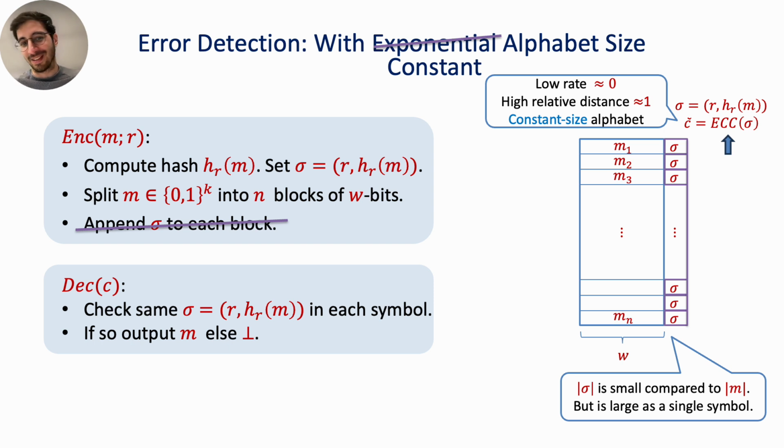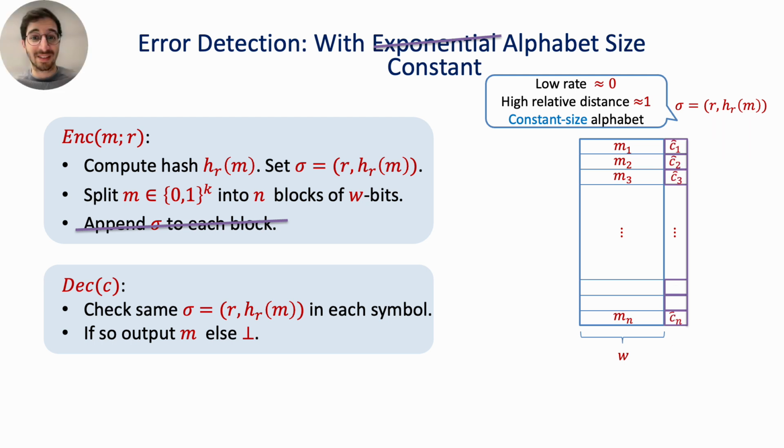This is quite easily achieved by a lot of constructions, and you can get a constant size alphabet with a code that has rate almost 0 and achieves distance almost 1. After encoding sigma, we're going to put each symbol of this code inside the appropriate row.